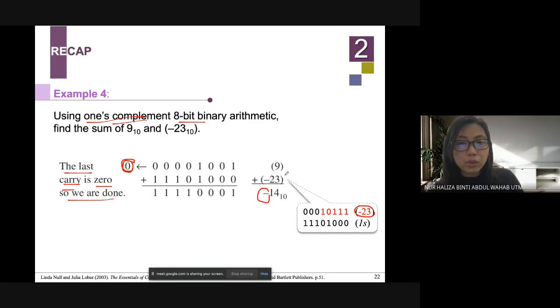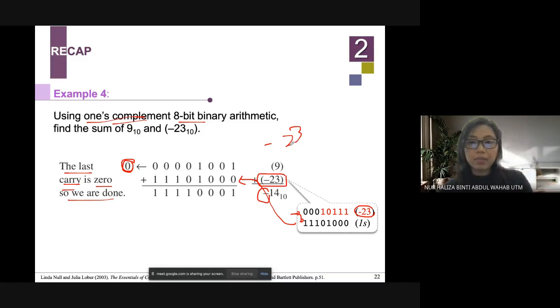So you first convert your negative 23 into the first complement number, and you put it over here. You are not going to directly convert negative 23 to binary. Instead, you convert it to the first complement first, then you do the adding process.